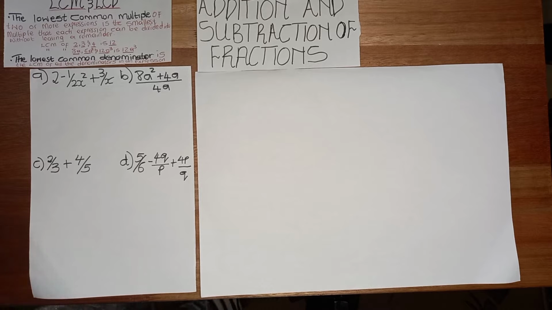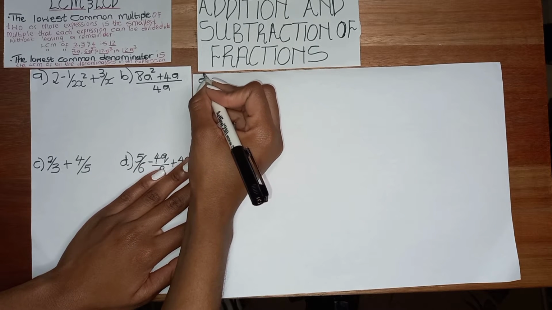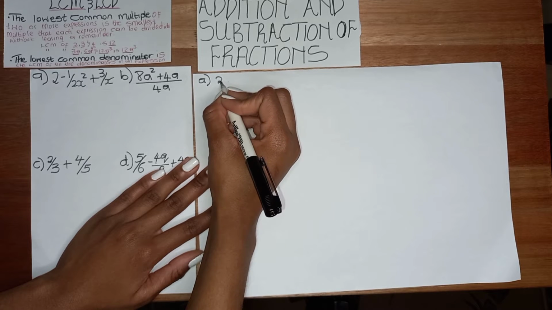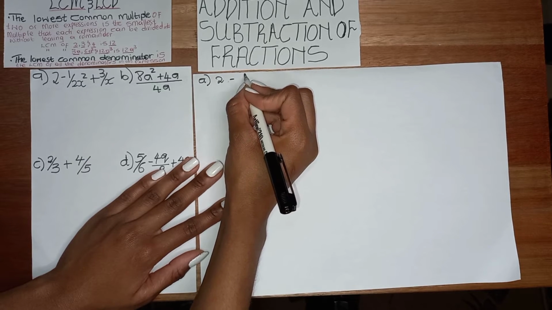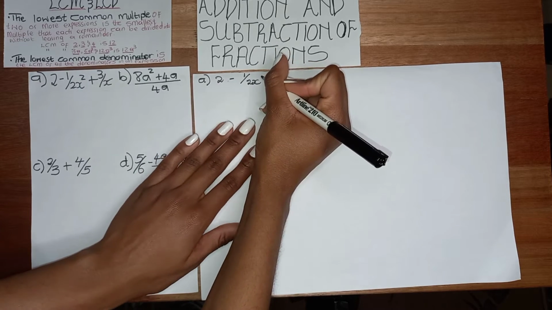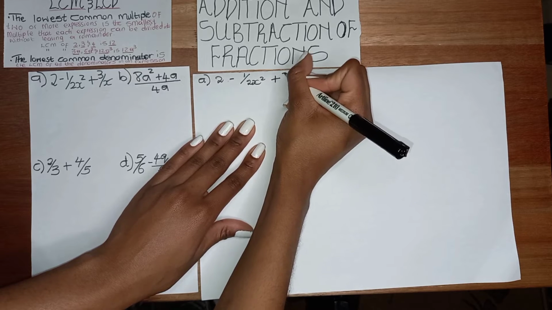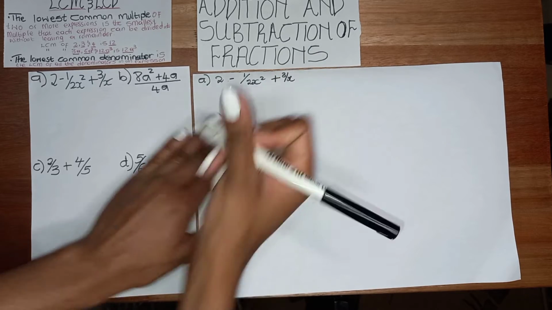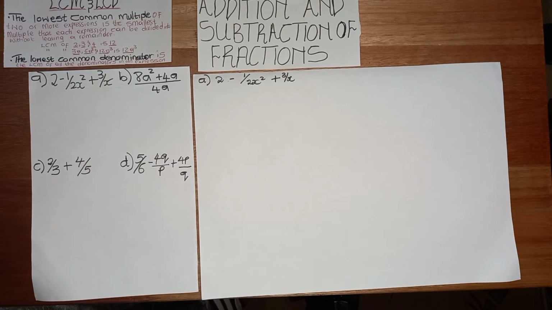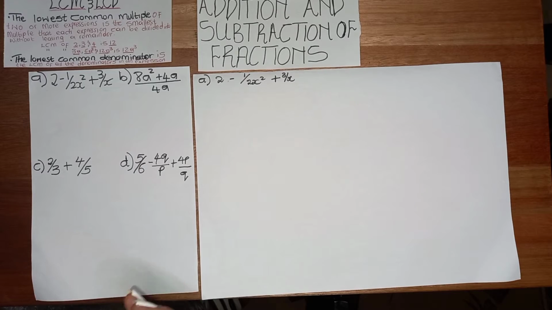So let's start with letter A: 2 minus 1 over 2x squared plus 3 over x. As you can see, we have an expression, so we cannot add or subtract these fractions because they don't have the same denominator.